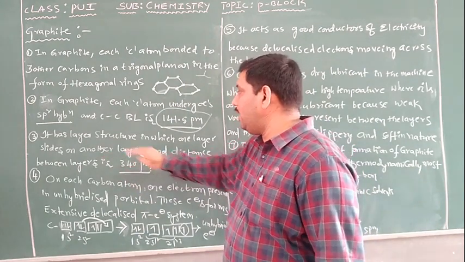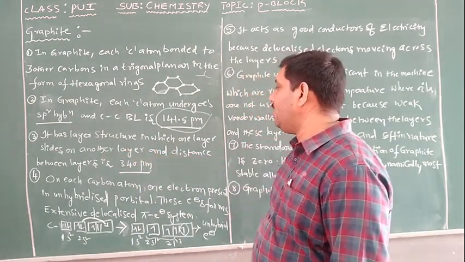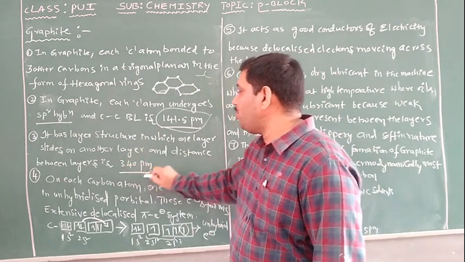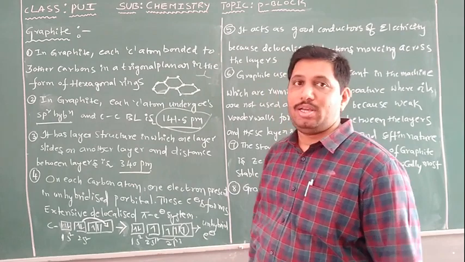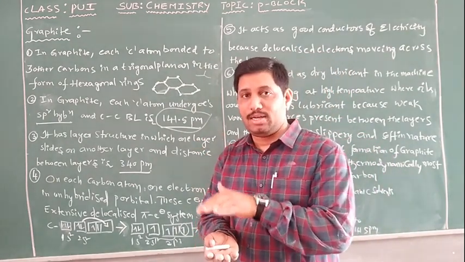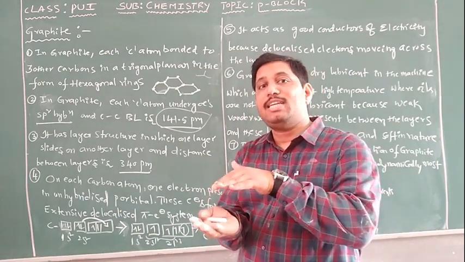It has a layer structure in which one layer slides on another layer, and the distance between the layers is 341 picometer. It has a layer structure, student, like first layer, second layer, third layer, fourth layer.